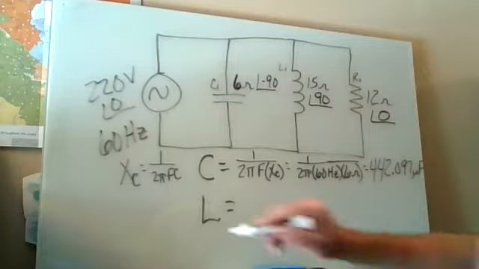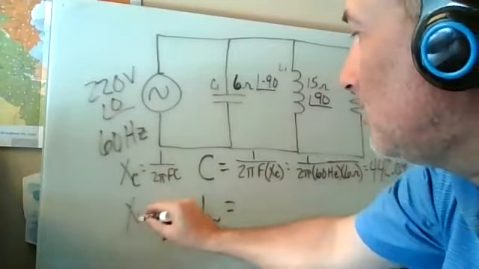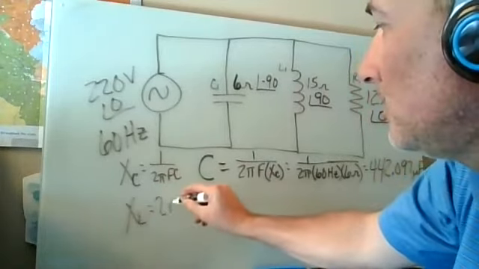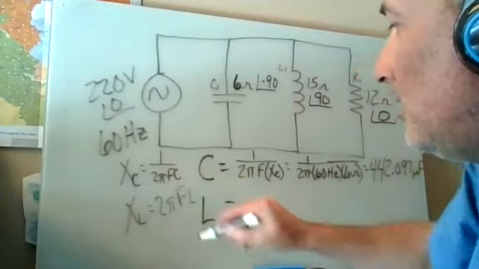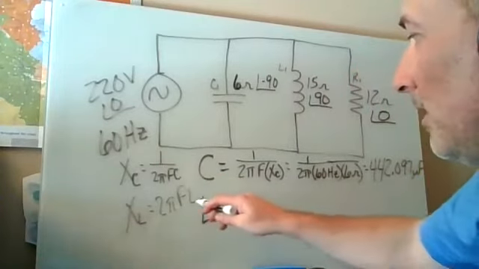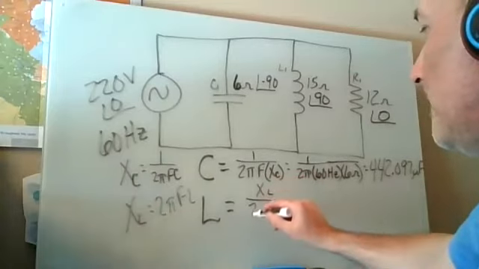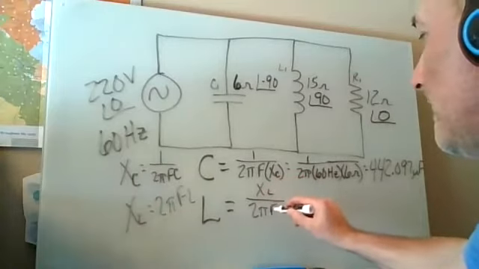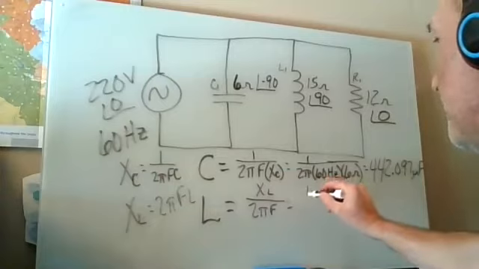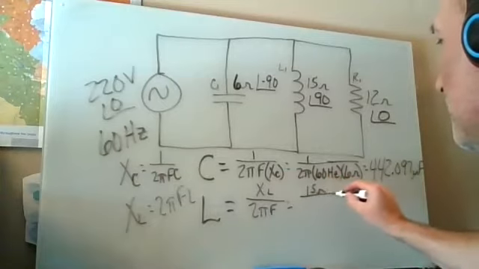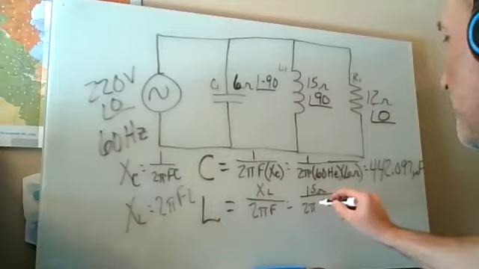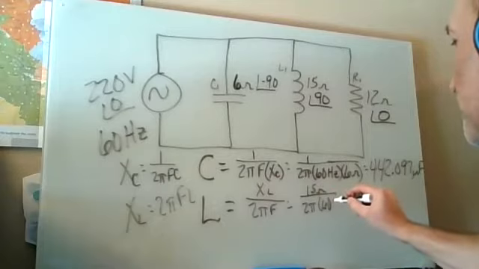This one, I do the same way. What do I know? X of L, and it equals 2 pi FL, right? Well, if I want L, I just divide by 2 pi. X of L divided by 2 pi F. So I got 15 ohms divided by 2 pi times 60 hertz.